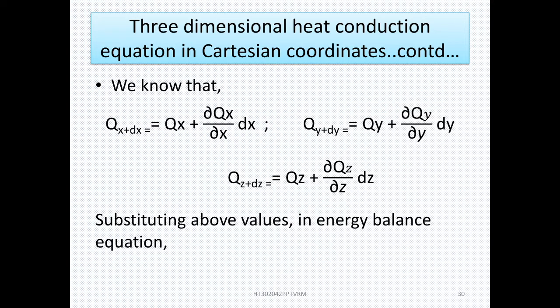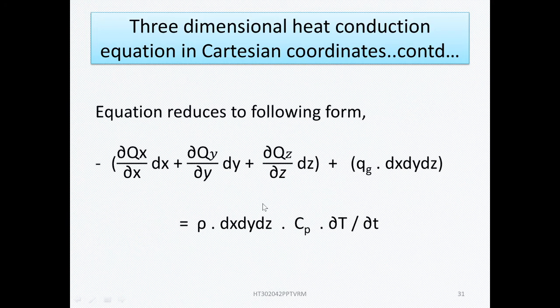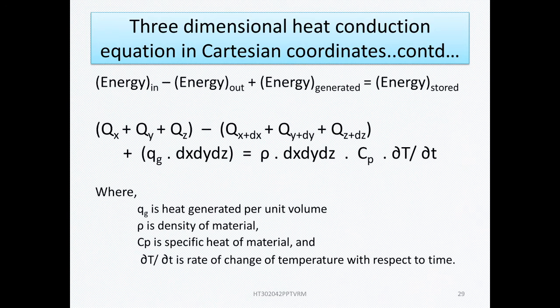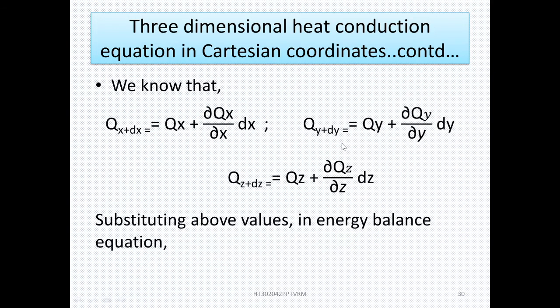Neglecting higher order terms, we can substitute these values in the above equation. So what was the equation? This was the equation, with qx plus dx, qy plus dy, and qz plus dz. In place of these three, we are going to substitute these new values of the respective ones.